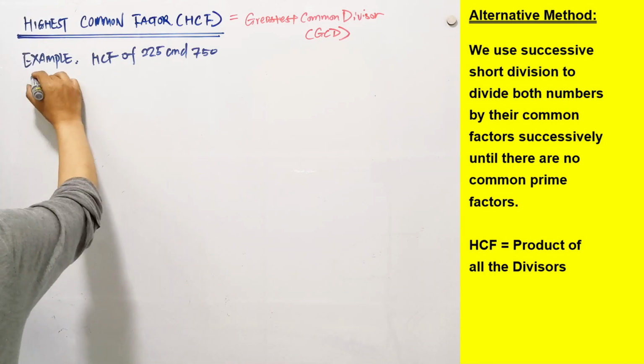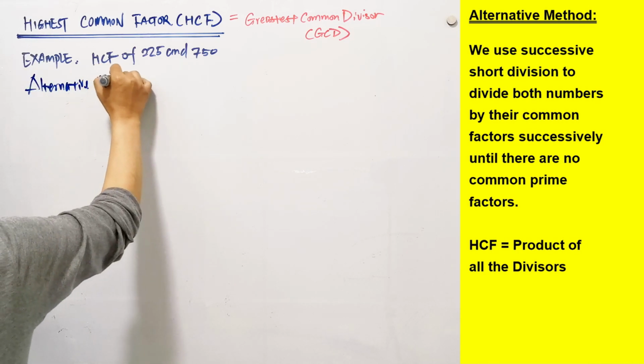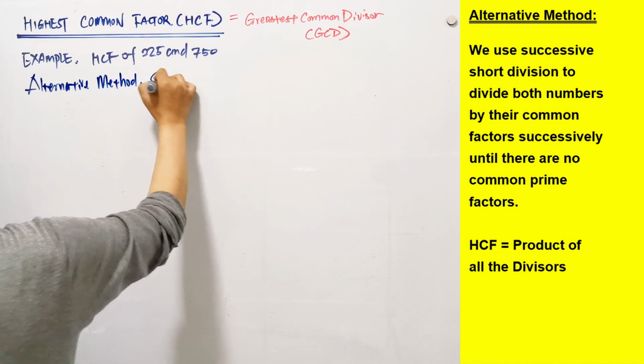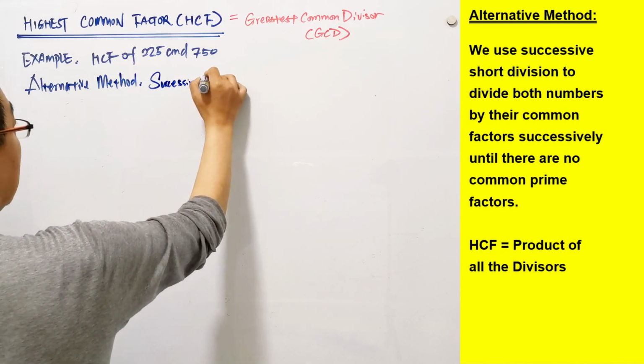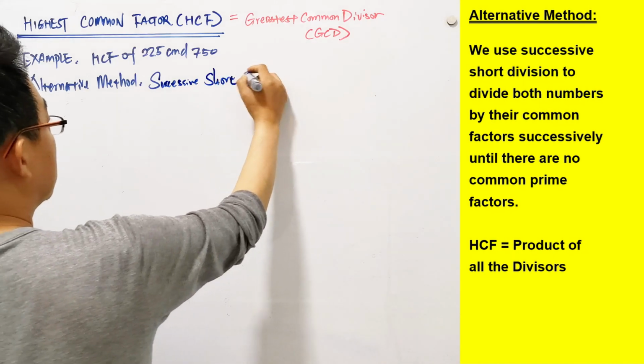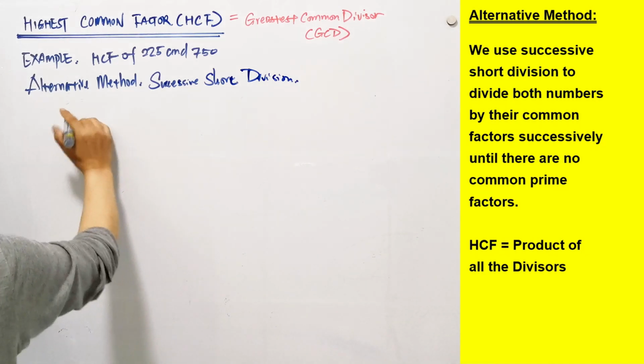So what is the alternative method? The short successive division. Okay, so how do we do it?